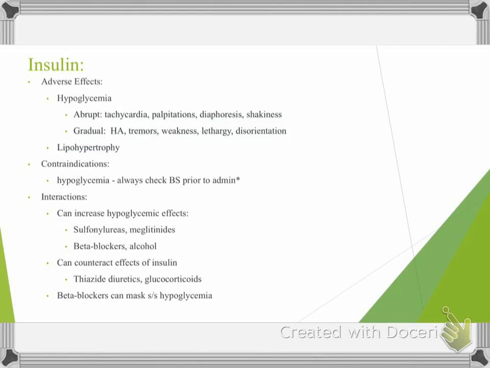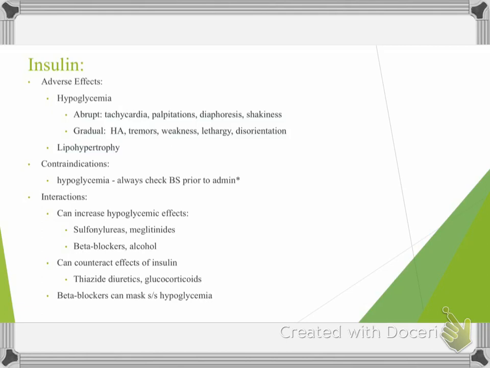It can cause lipohypertrophy, which is accumulation of extra fat at the site of a sub-Q injection. You want to instruct patients to rotate their sites. It will go away eventually if the site's not used for a while. That area is not as effective at delivering meds anyway, so you don't really want to give meds in these areas if they have lipohypertrophy.